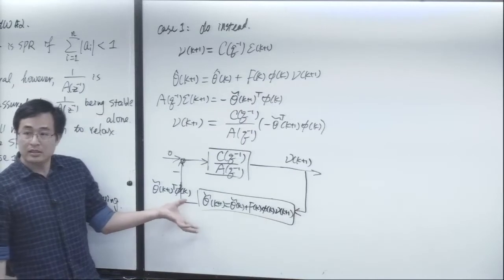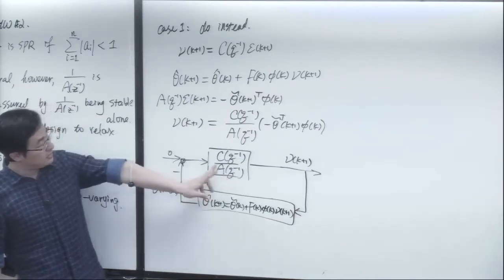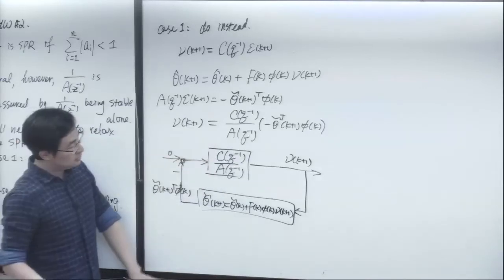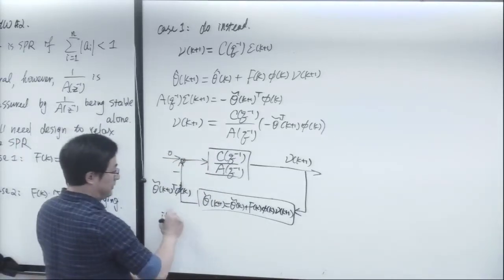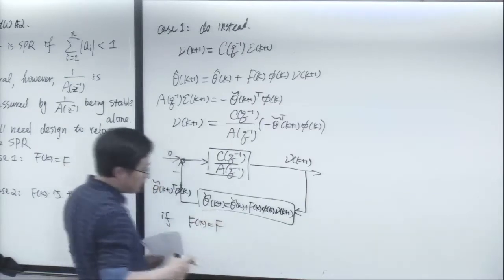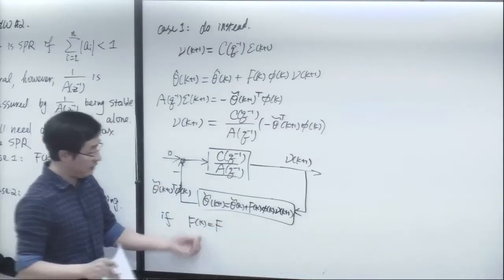So for the theta tilde formula, the nonlinear block is going to be exactly the same. In this case, we have successfully introduced some new terms in the linear block. So if Fk, this is our assumption, we work on the constant adaptation gain case first.